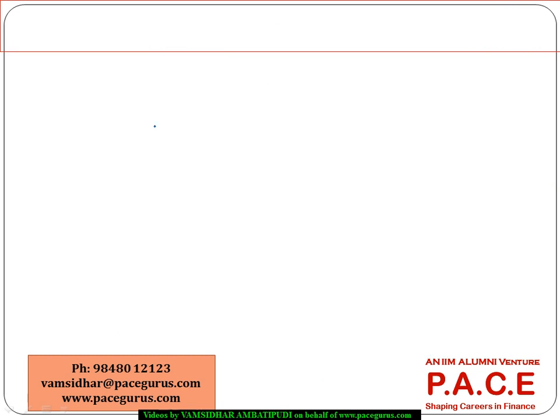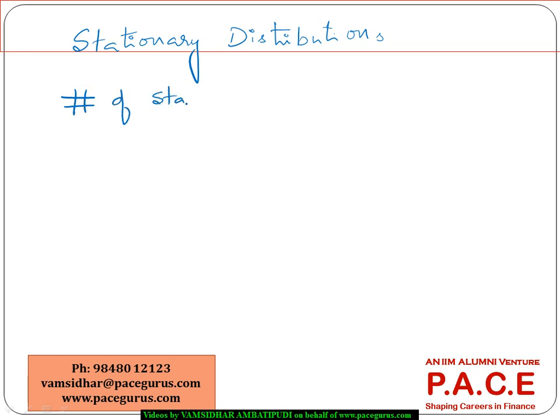Now, coming back to the stationary distribution, there are a few important rules for us to remember regarding the stationary distribution. If you find a particular Markov chain where the number of states is finite, you will find at least one stationary distribution.